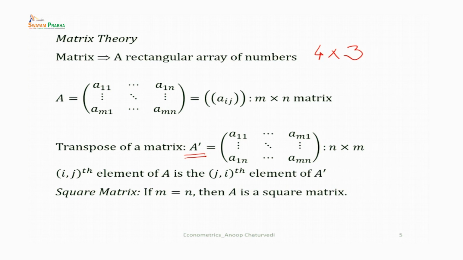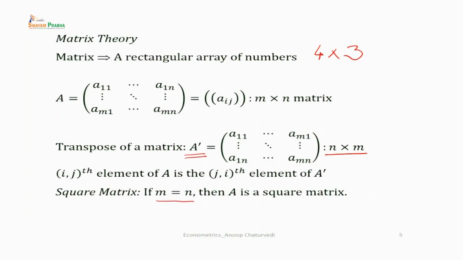So, in fact, A transpose is a matrix of order n cross m. So, if A is a matrix of order m cross n, then A transpose is a matrix of order n cross m. Obviously, the ijth element of A is the jith element of A transpose. Further, if m is equal to n, meaning the number of rows is equal to the number of columns, then A is called a square matrix.